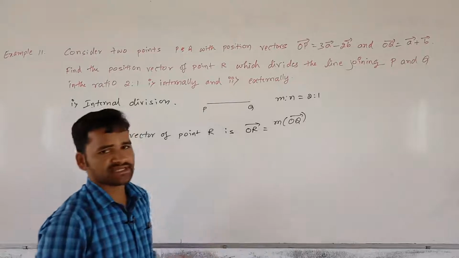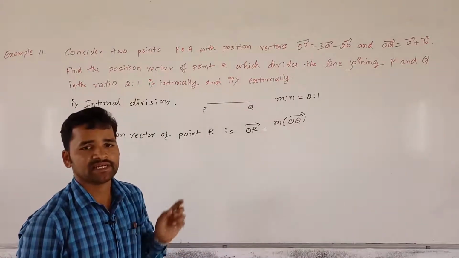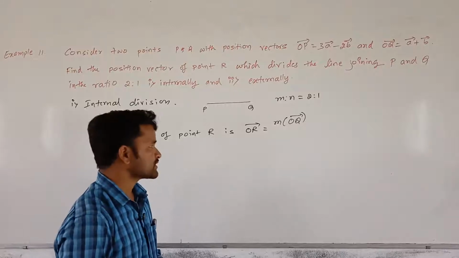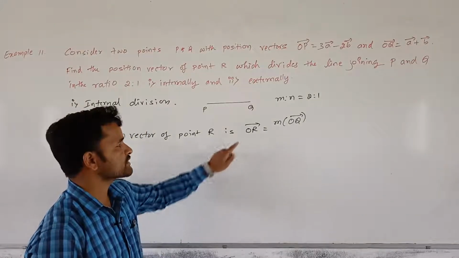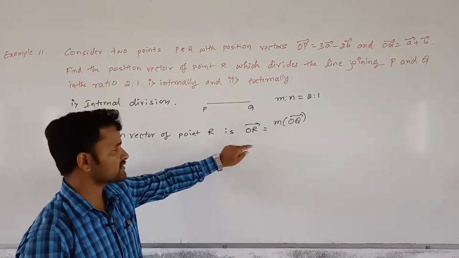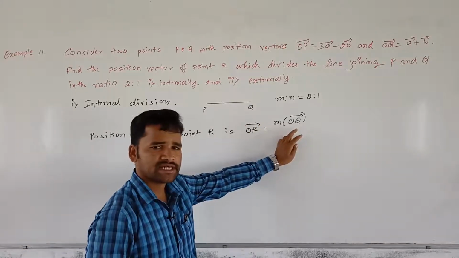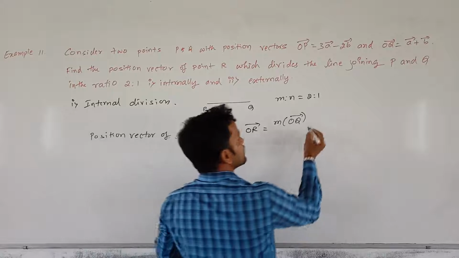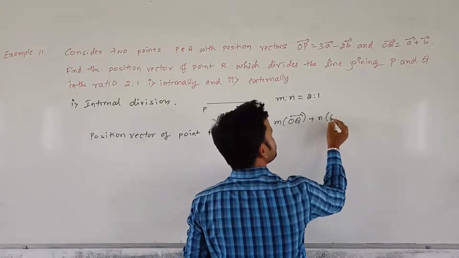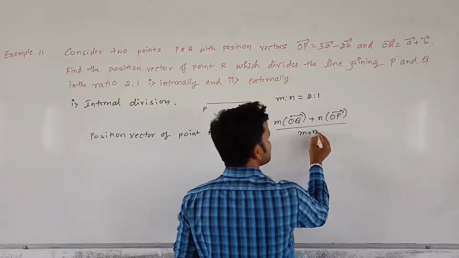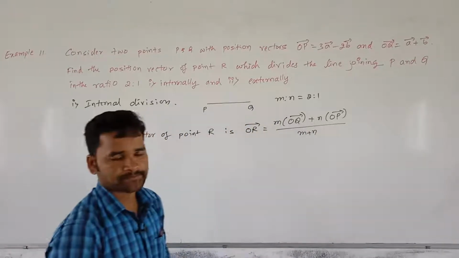P is the first point, Q is the second point. We should remember this formula as the position vector of the point which is dividing PQ is equal to m into position vector of the second point plus n into position vector of the first point, divided by m plus n. This is how we should remember.